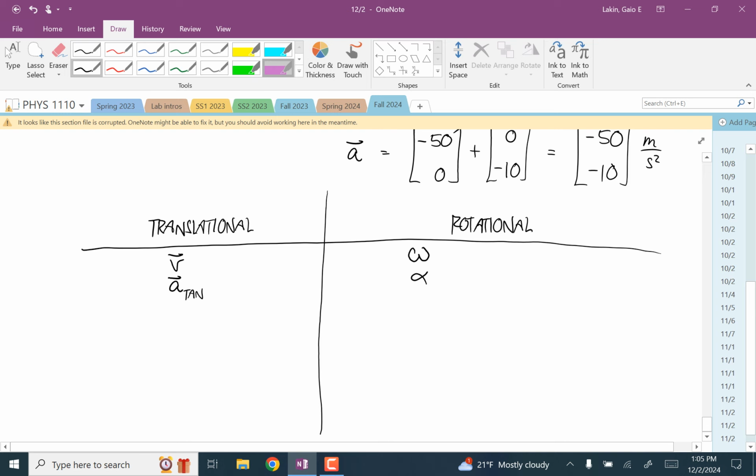Okay, so next, for translational things, if the velocity and the tangential acceleration are in the same direction, it means that the object is speeding up. And similarly, if the angular velocity and angular acceleration are in the same direction, it means the rotation is speeding up.